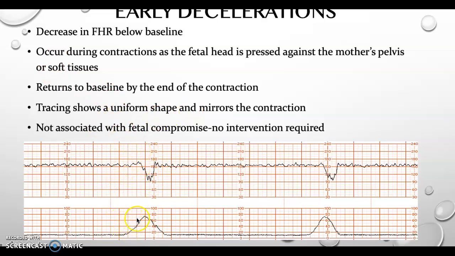As the contraction pattern is coming up, the decel is happening at the same time, and as the contraction is resolving, the fetal heart rate deceleration is resolving as well. Because it resolves along with the contraction, we know that there's no problem with the perfusion of the baby. There's no intervention that is required. It's usually a good sign that labor is progressing.